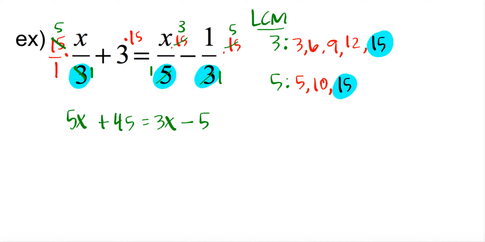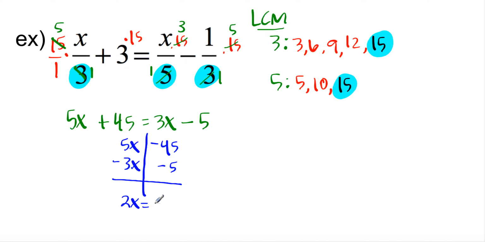And as we reviewed in the Solving Equations video, we've got variables on both sides, so you can draw your line, keep the variables on the left, 5x, numbers on the right, cross the line, change the sign, negative 45, 3x on the left, negative 3x because we crossed over, bring the negative 5 right on down. 5x minus 3x is 2x equals negative 45 minus 5 leaves me with negative 50. And then all we have to do is divide on both sides by 2, and x is equal to negative 25.